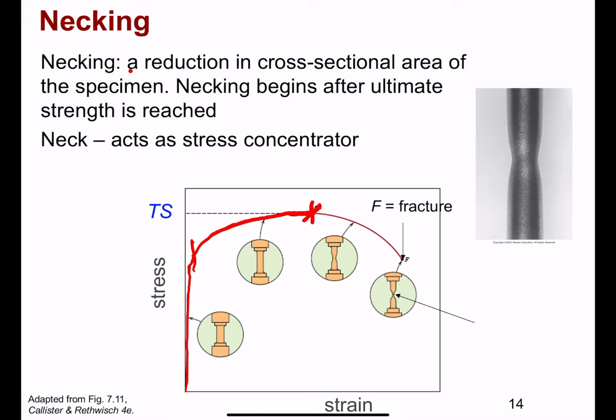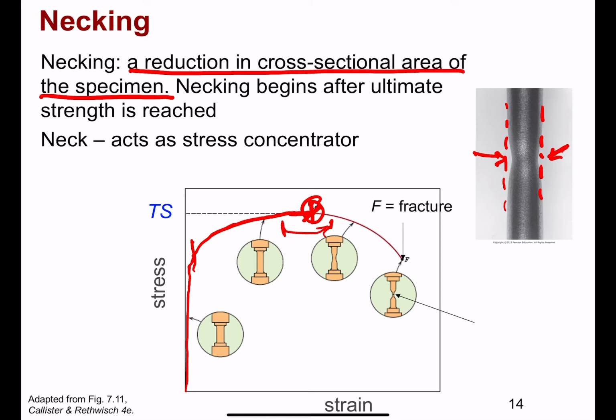So this is the reduction in the cross-sectional area of the specimen, as you see here, where the specimen used to be cylindrical, and now we see an obvious necking here where it's pinching in. So this necking begins right after that ultimate tensile strength value. Okay, so necking here is as we transition from this region over to this region. And you see that in this diagram.